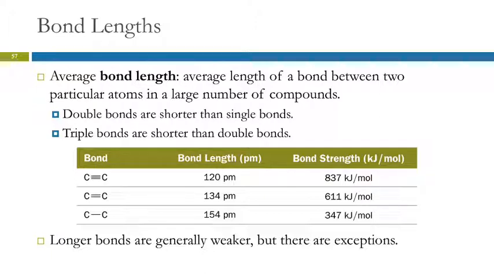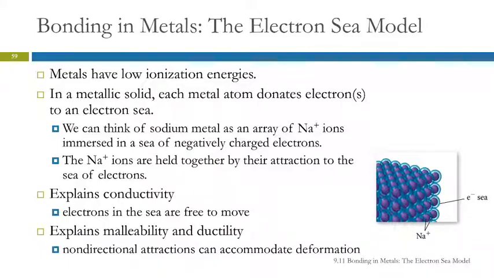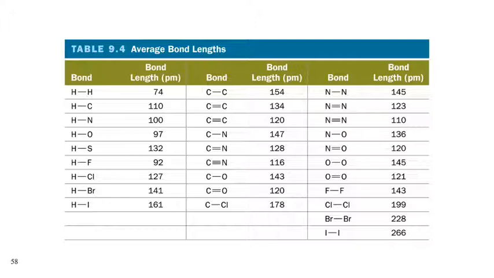Longer bonds are generally weaker. Of course, there have to be exceptions. So here's a table of average bond lengths. And again, these are not things you would memorize. You can see here carbon-nitrogen bonds, single, double, triple. The length of the bond goes down. These are measured in picometers.